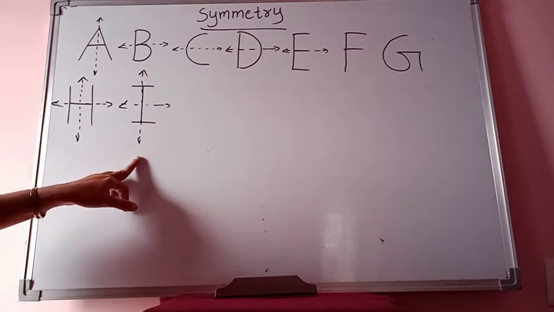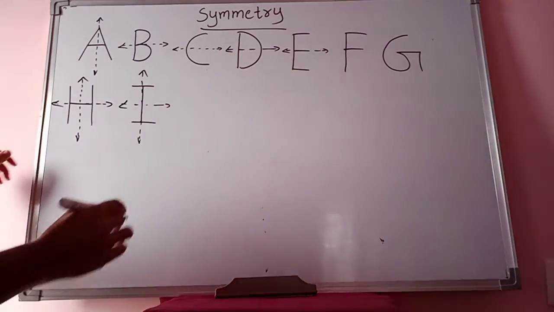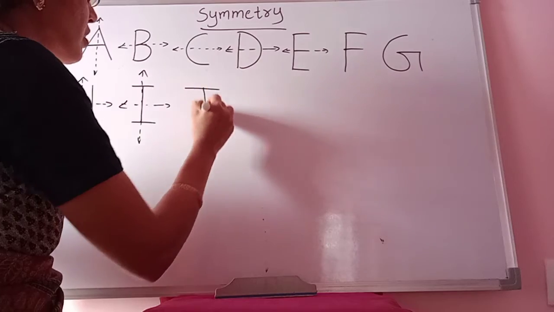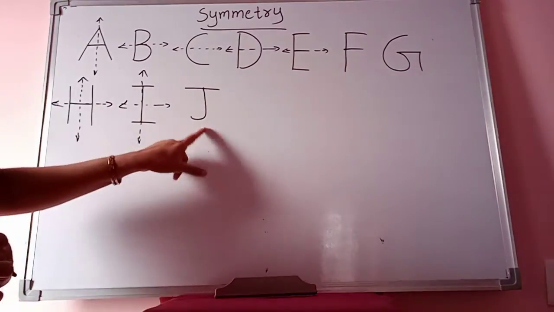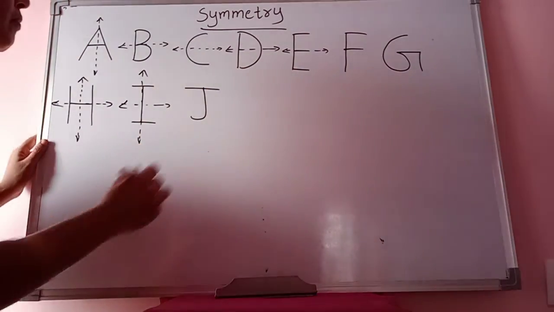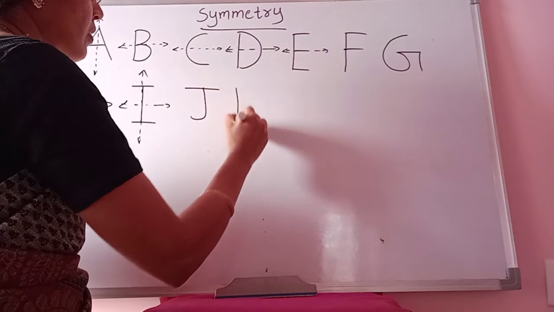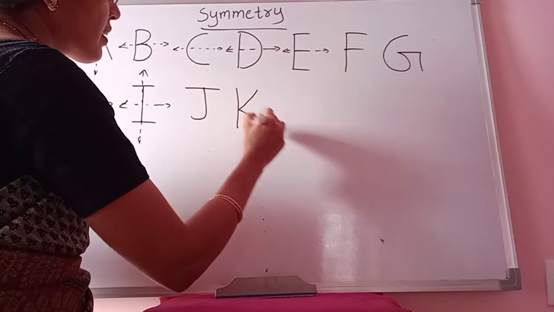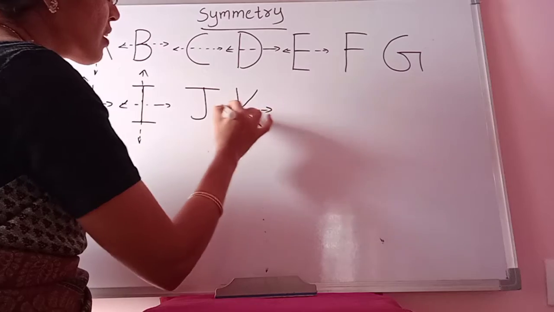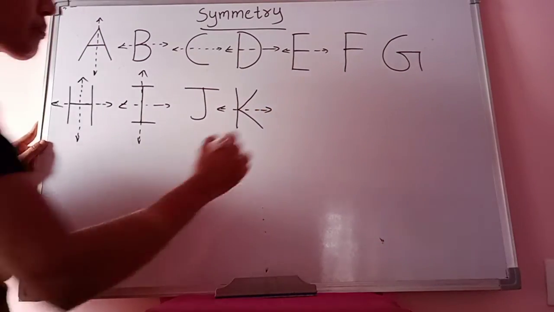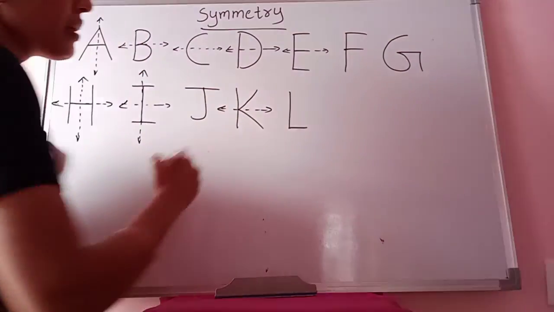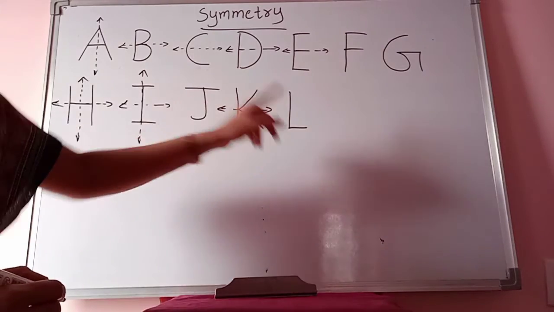It also has two lines of symmetry. But letter J has no symmetry. In the case of letter K, yes, it has one line of symmetry. Letter L doesn't have any symmetry.